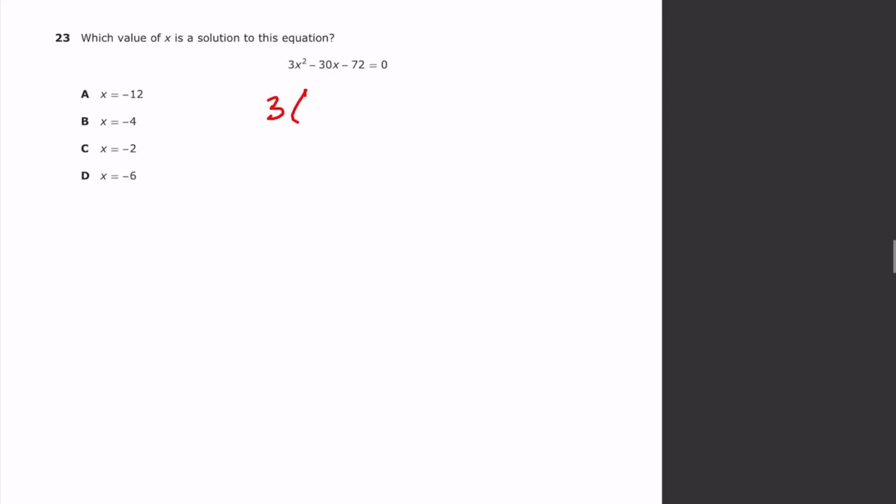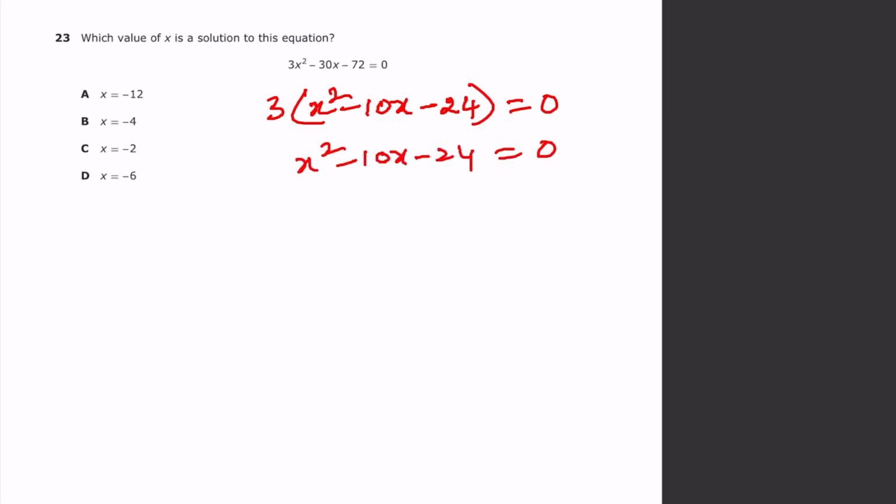So there you can see 3 into x square minus 10x minus 24 is equal to 0. So you can write this as x square minus 10x minus 24 is equal to 0. So which value of x, now you substitute some one value into this and see where you're getting equal to 0, or you can find out the factors or the zeros of this quadratic equation.